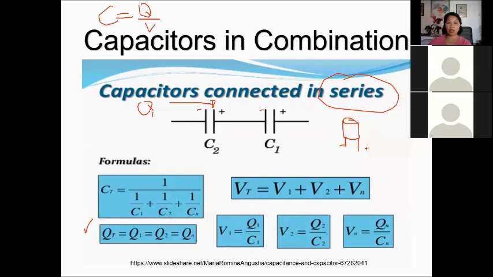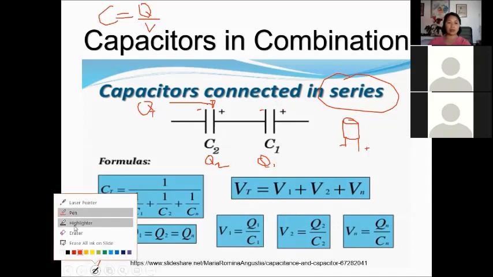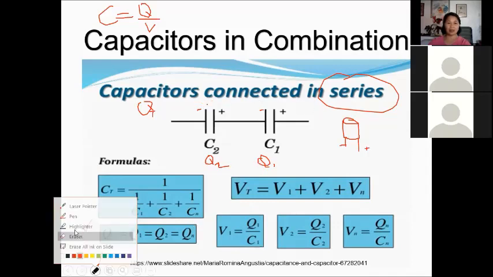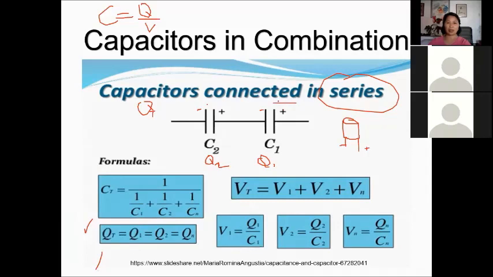Therefore, whatever charge entering would be same charge leaving capacitor 1, capacitor 2, and capacitor 3. So again, single path ang flow ng charge.